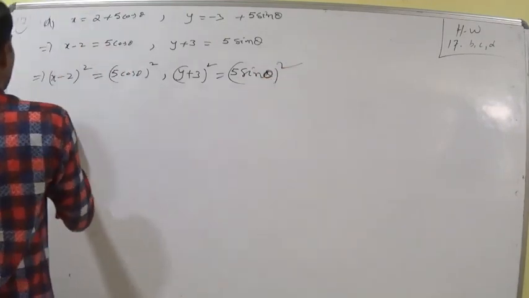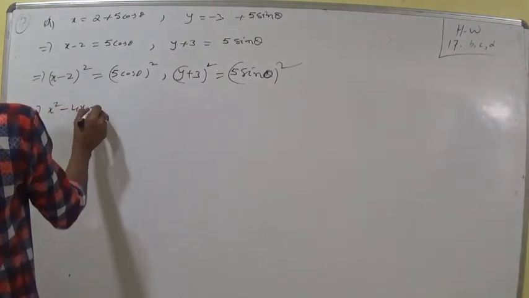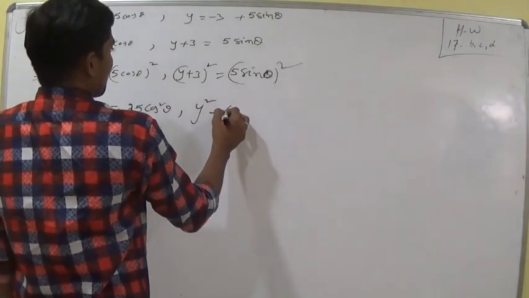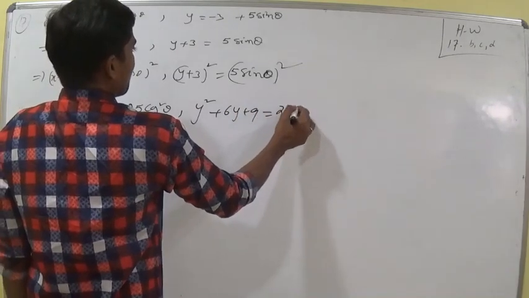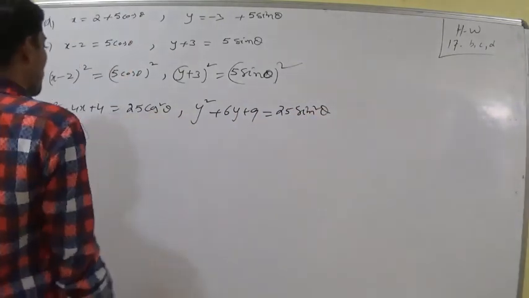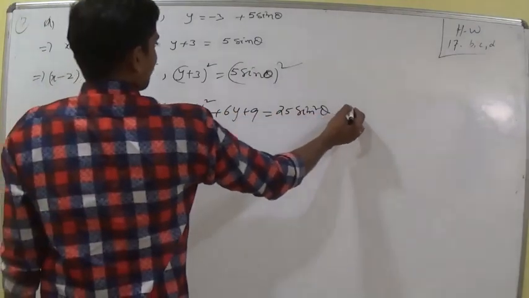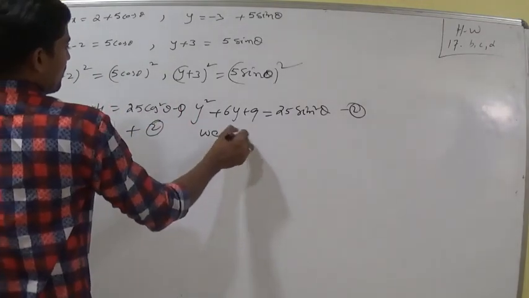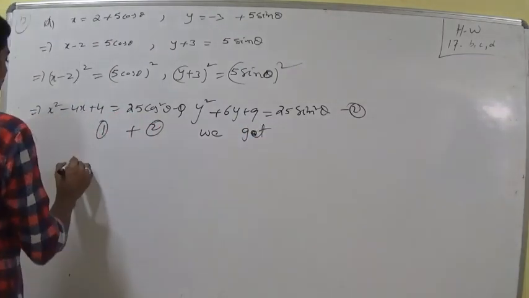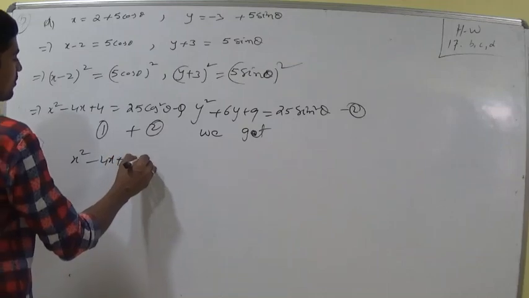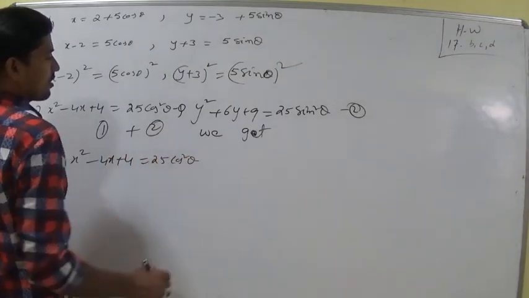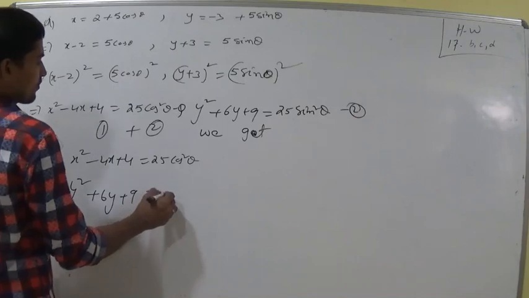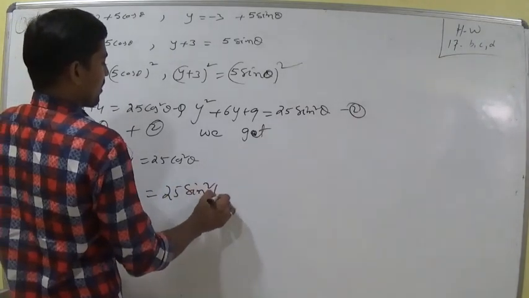See, x square minus 4x plus 4 equal to 25 cos square theta, y square plus 6y plus 9 equal to 25 sin square theta.